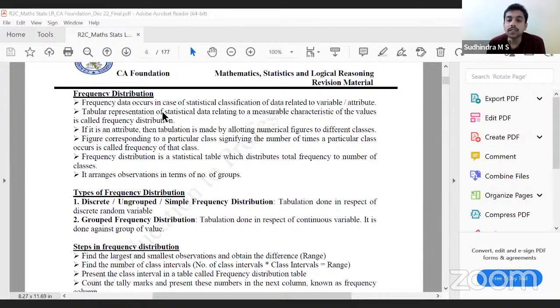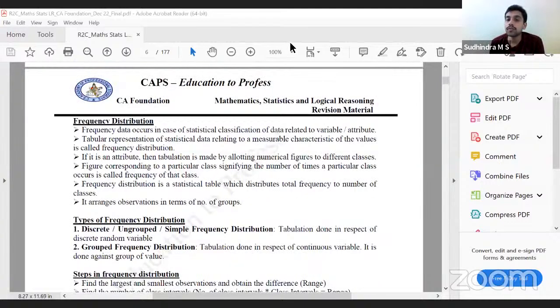Now, what are the steps in construction of frequency distribution? First, we should know what is the minimum and maximum value. So first, we calculate the range. Identify the minimum and maximum, calculate the range. Then calculate the number of class intervals. How do we calculate the number of class intervals?